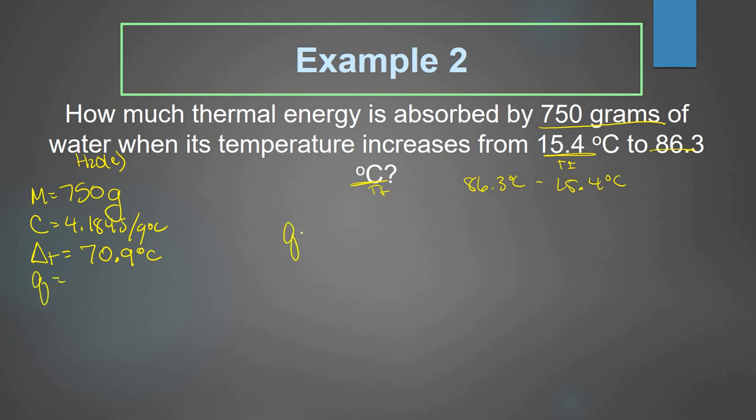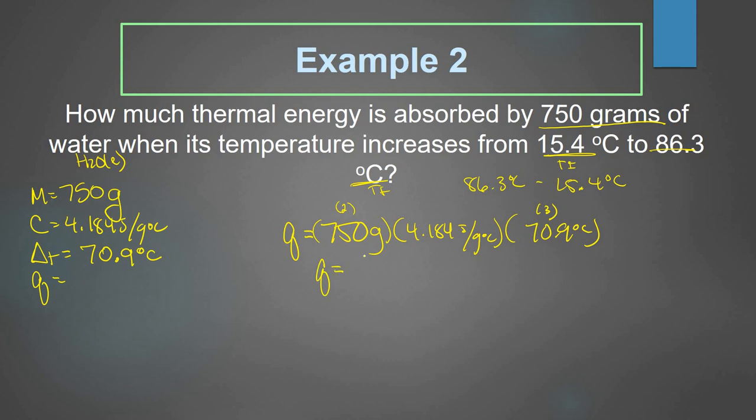We're going to plug everything in. So Q equals M. Notice sig figs: we have two sig figs here. C, 4.184, and delta T, 70.9. That's 3 sig figs, so our answer is going to have 2.